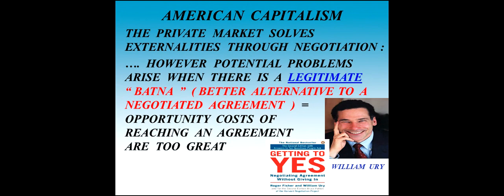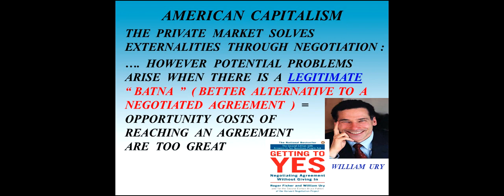While the negotiation approach by private parties to solve negative externalities is usually far more successful than not, it is not successful when potential problems arise, when there's something called a BATNA that is recognized or felt by one party.